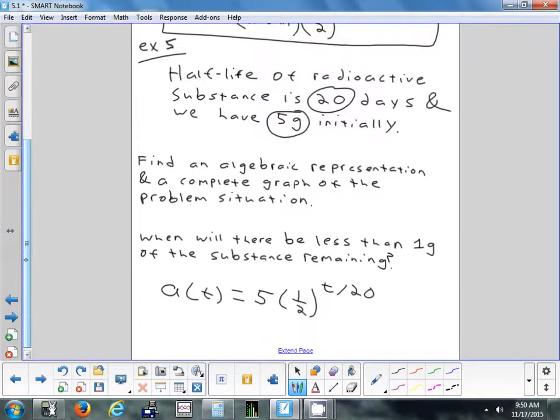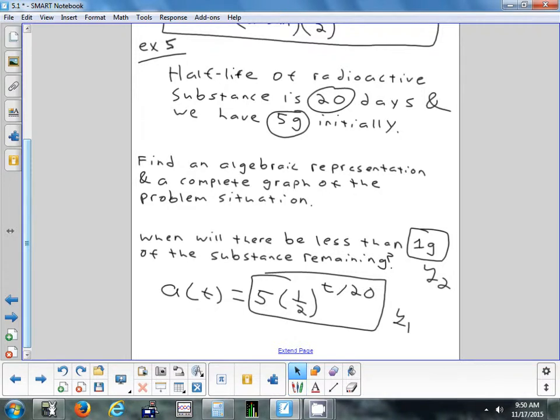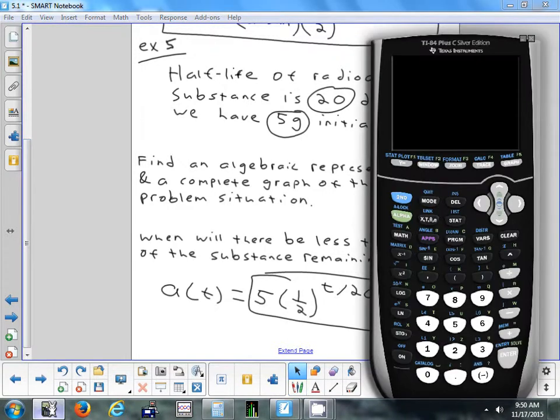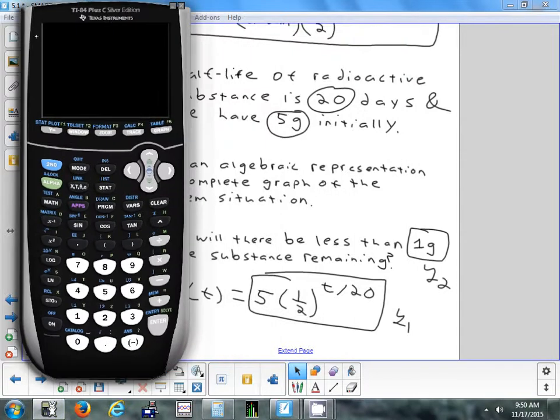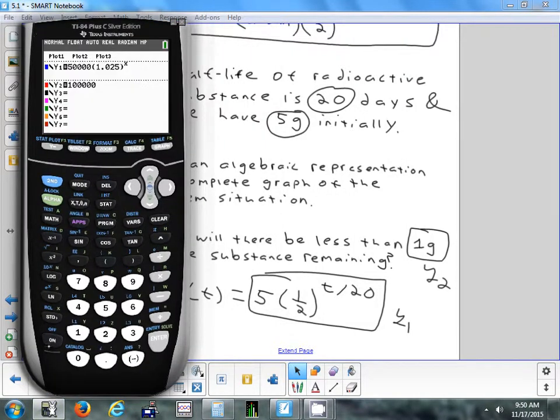Okay. Now the second part, I want to know when I have less than 1 gram. I'm going to type 5 times 1/2 to the t over 20. Put that in y1. Just to make it easier, I'm going to use 0.5 to the X over 20.